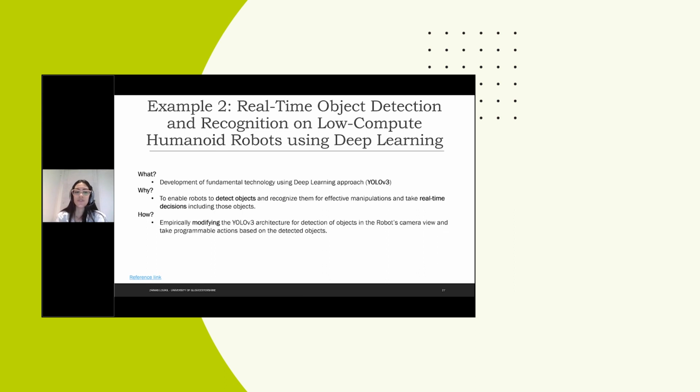How? First of all, they modified the original YOLO version 3 architecture for detection of objects in the robot's camera view and take programmable actions based on the detected objects. So it's really challenging. You are doing the actions based on real-time object detection, and you can imagine the error rate that can happen and how accurate this algorithm should have been in order to provide accurate results.